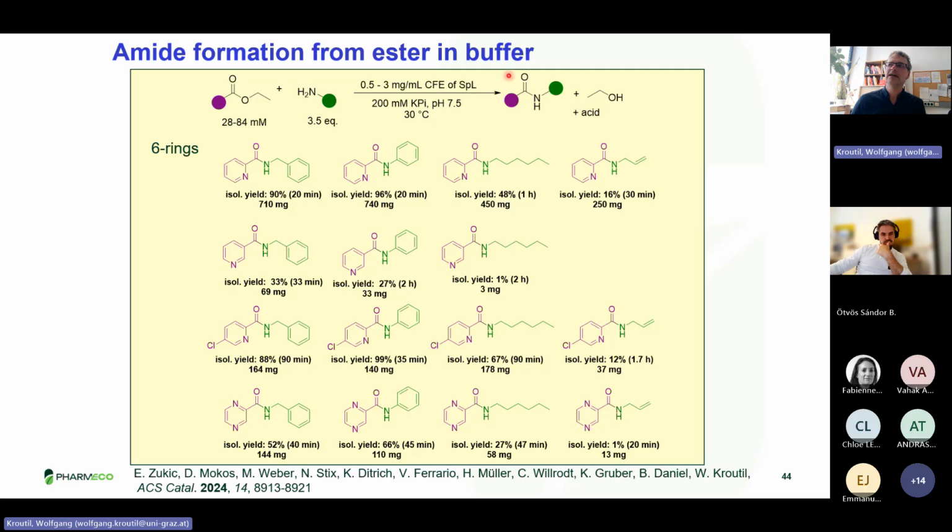What helps is that the product precipitates, so this follow-up step is significantly delayed. When we take the amide, we would see hydrolysis of the amide. We did not spot that much hydrolysis of the ester when the amide is present.